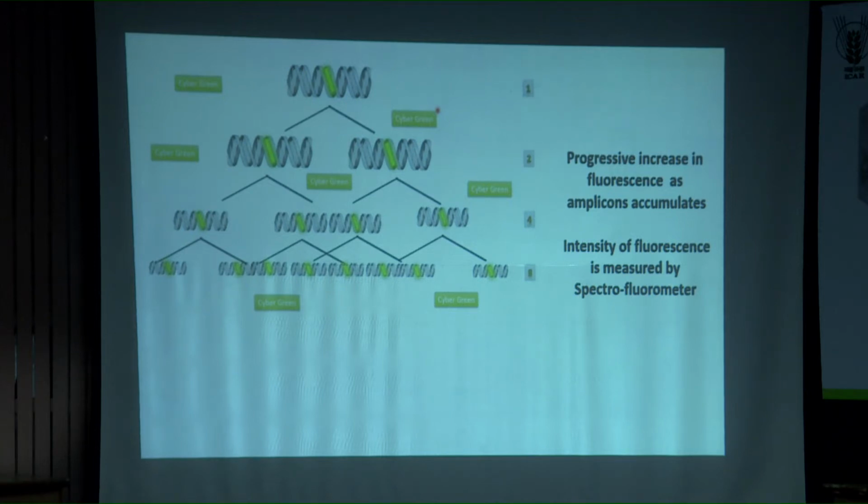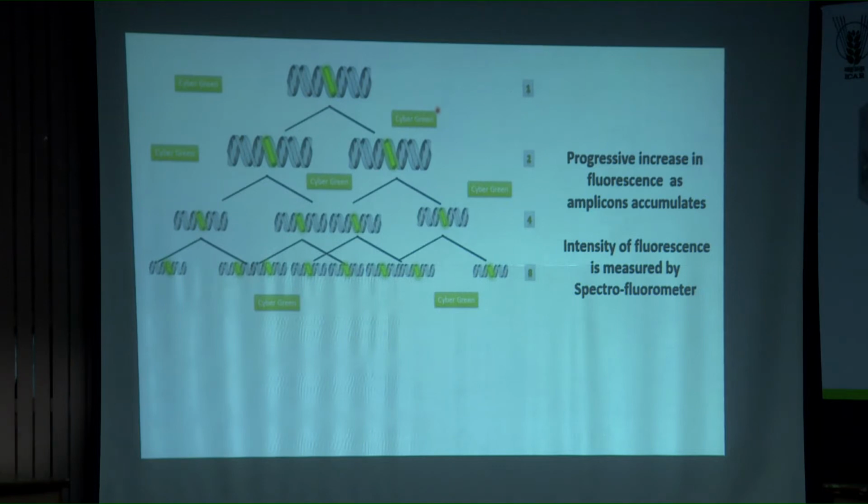Okay? So, intensity of fluorescence is measured by a spectrofluorometer. Remember, every cycle is monitored by the spectrofluorometer. The only thing is, it is unable to get the signal because the signal is too feeble. As polymerase adds more and more amplicon, it is directly taking the SYBR Green from the mixture.